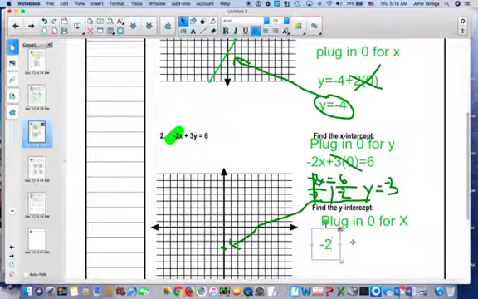So negative 2x plus 3y equals 6. But instead of the x, I am going to plug in a 0.